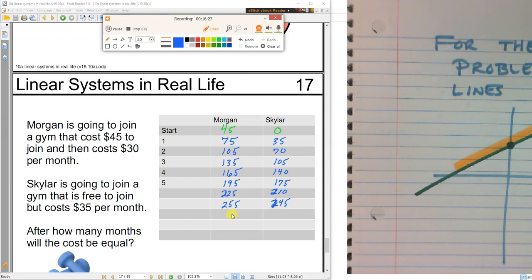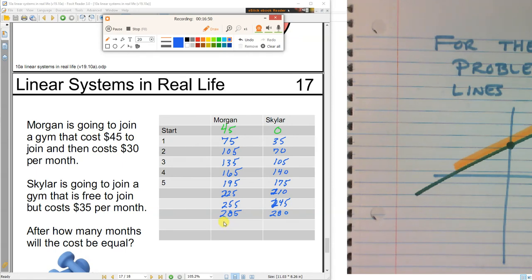Add 30 to this one, 285. And add 35 to this one, 280. It's going to happen right here, isn't it?